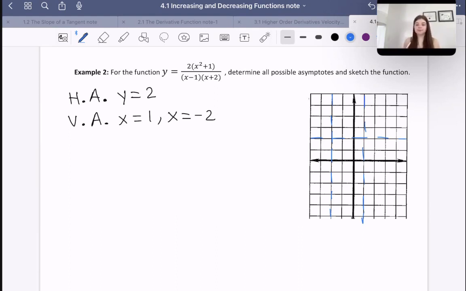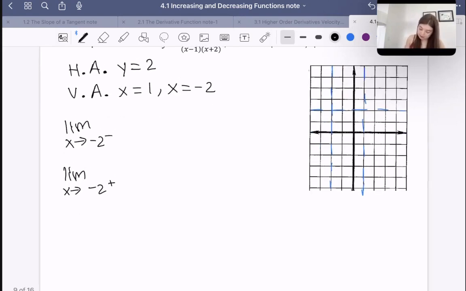They're all drawn. All right, so now what I need to do is I'm going to find the limit as x approaches -2 from the left, right? The first vertical asymptote from the left. And also the limit as x approaches -2 from the right.